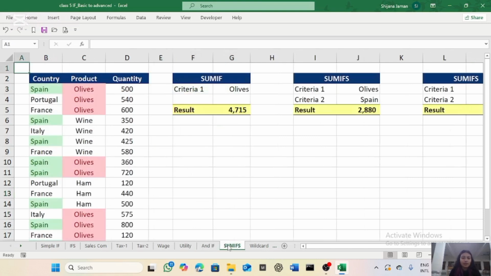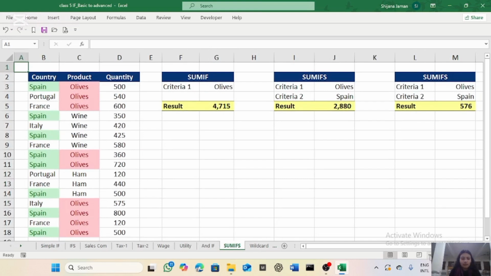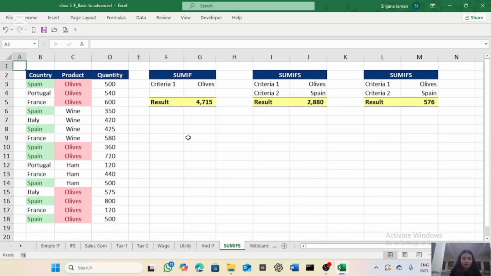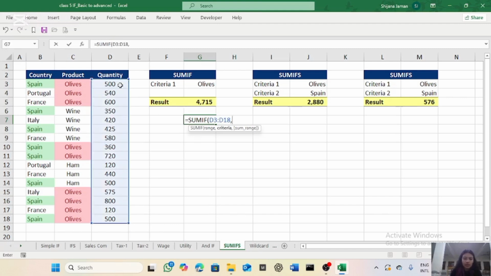Now we are going to calculate SUMIF. Zoom out. So first of all, we have to calculate SUMIF for one criteria. So equal SUMIF, range means our entire quantity, comma, criteria.